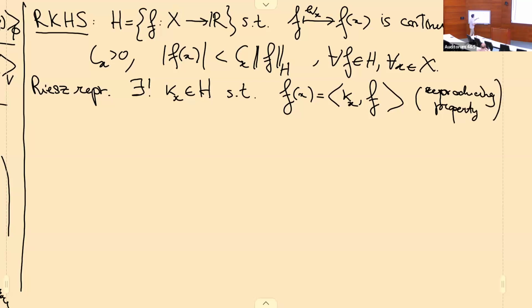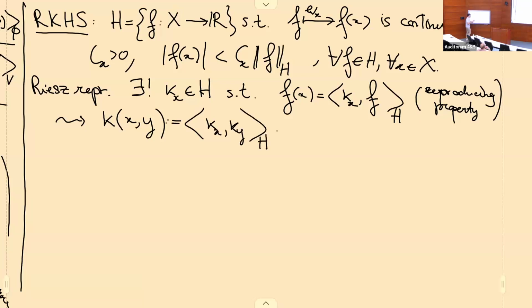And so, of course, if you take f to be k_y, where k is defined in the same way but evaluated at y, then this yields a function of two variables, k(x, y), which is defined as the inner product in H between k_x and k_y. So that's your kernel. If you have an RKHS defined in this abstract way, there is clearly a unique kernel associated to it.